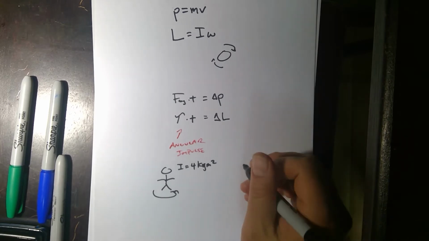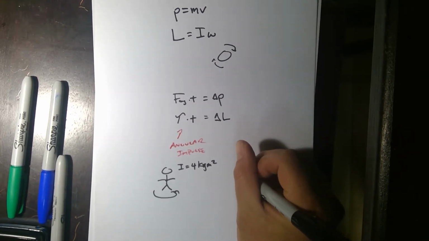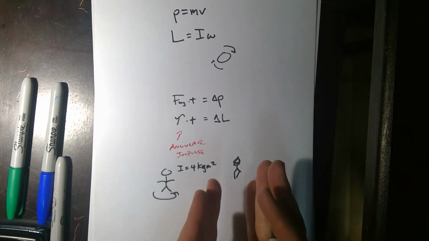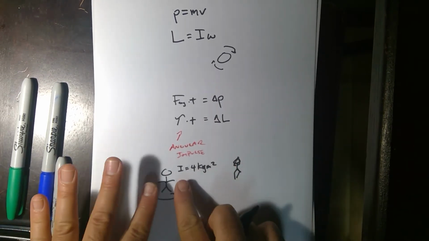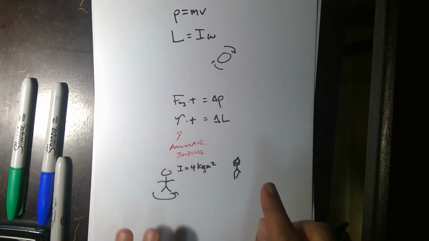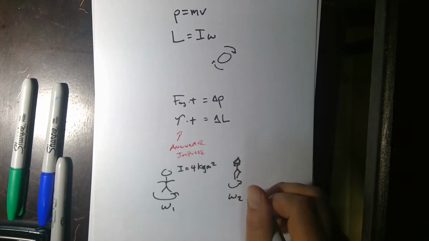And then what they do is they bring their arms in. They might bring their legs in too. So they end up reducing their own moment of inertia, because now everything is closer to the center as opposed to spread out right here. So you're going to notice that they can speed up by doing that, and so omega 1 and omega 2 will not be the same thing.